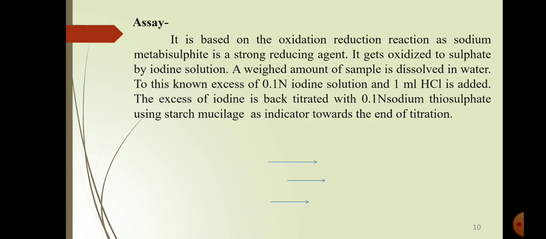It gets oxidized to sulfate by iodine solution. A weighed amount of sample is dissolved in water. To this, known excess of 0.1 N iodine solution and 1 ml hydrochloric acid is added.